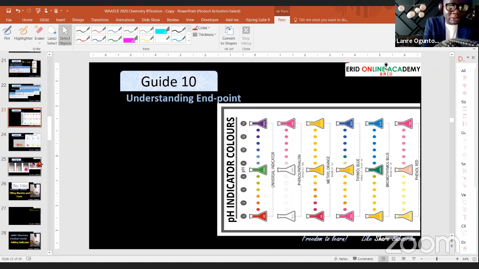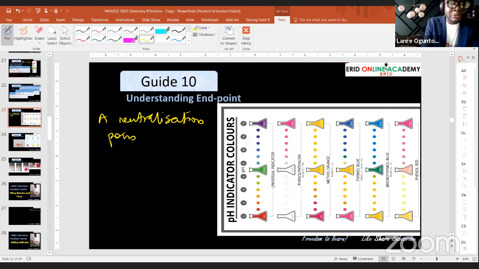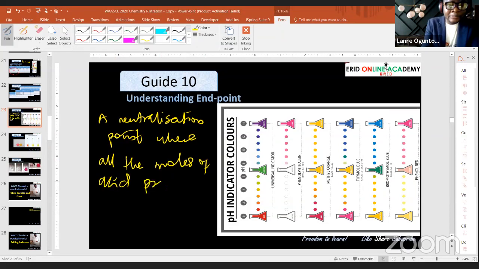Your endpoint is a neutralization point where all the moles of acid present has neutralized the base.